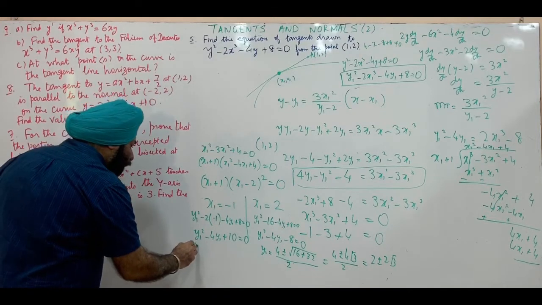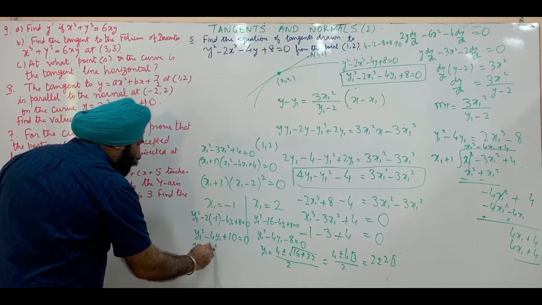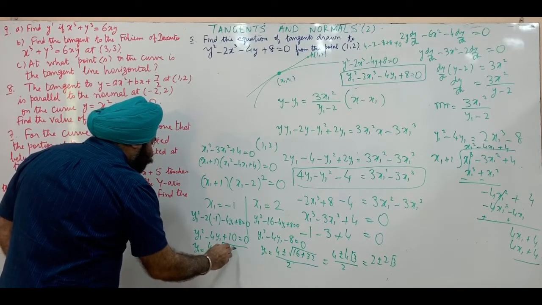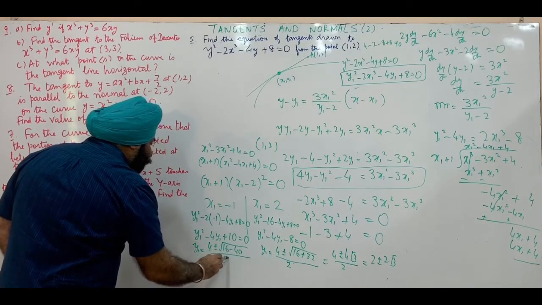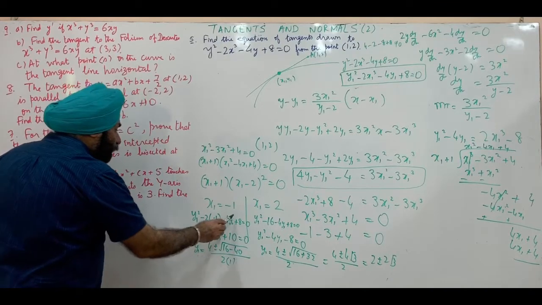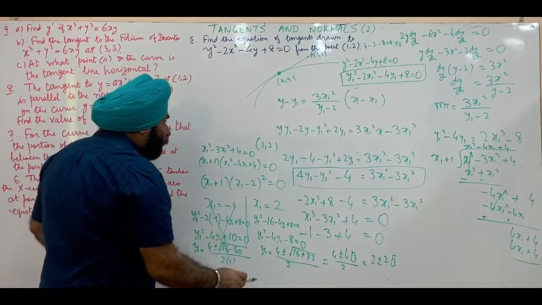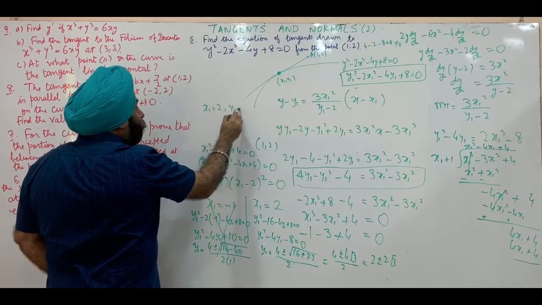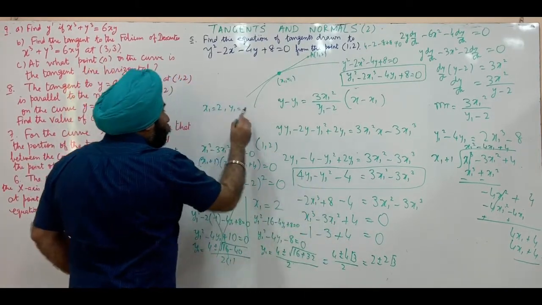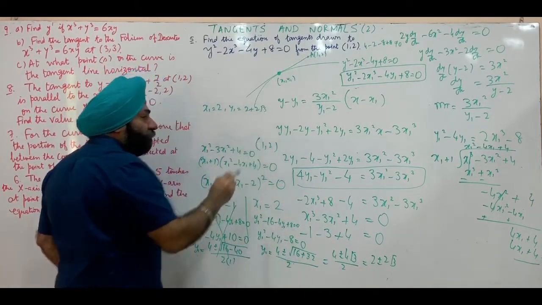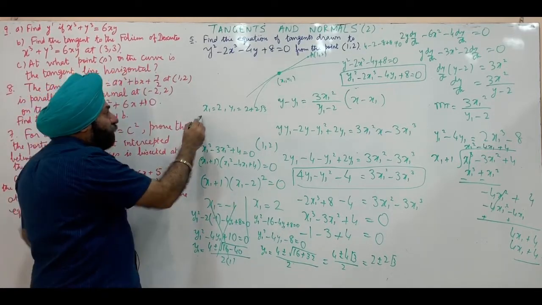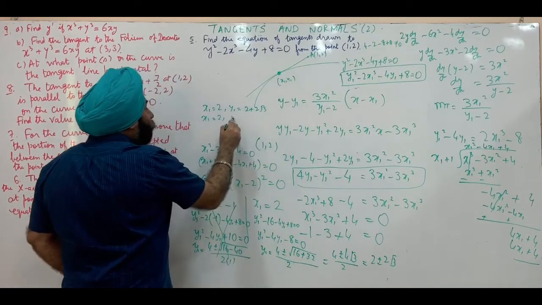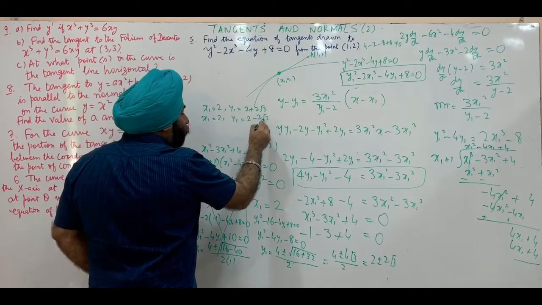And the other case gives y1 equal to 4 plus minus root of 16 minus 40. So this has imaginary roots, so we reject this. So we have x1 equal to 2 and y1 equal to the first value 2 plus 2 root 3, and when x1 is 2, the second value will be 2 minus 2 root 3.